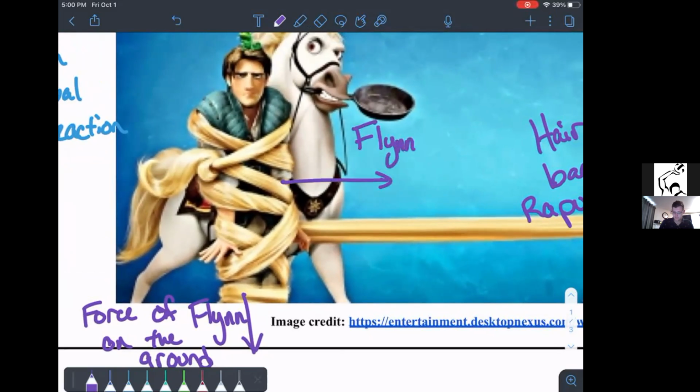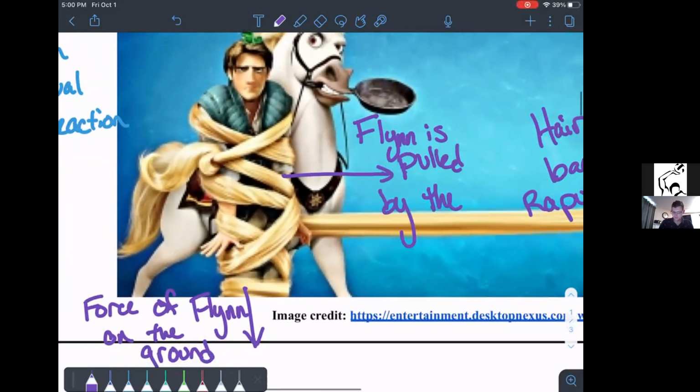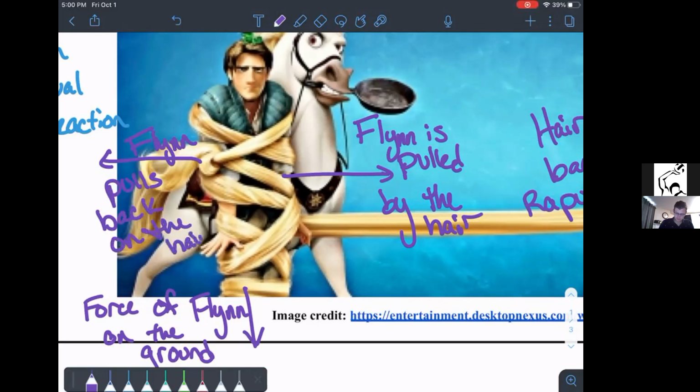So if he is being pulled by the hair, Flynn is pulled by the hair, Flynn pulls back on the hair.